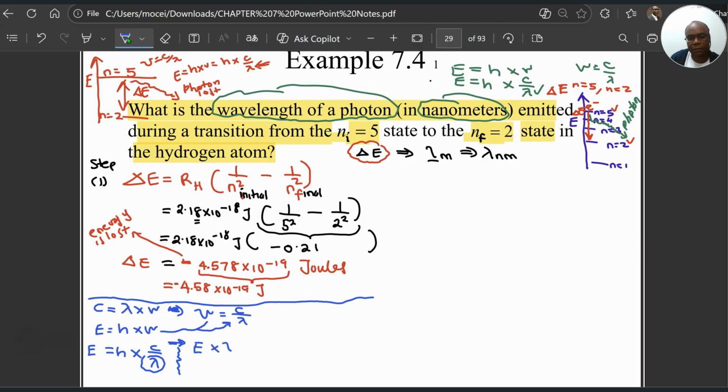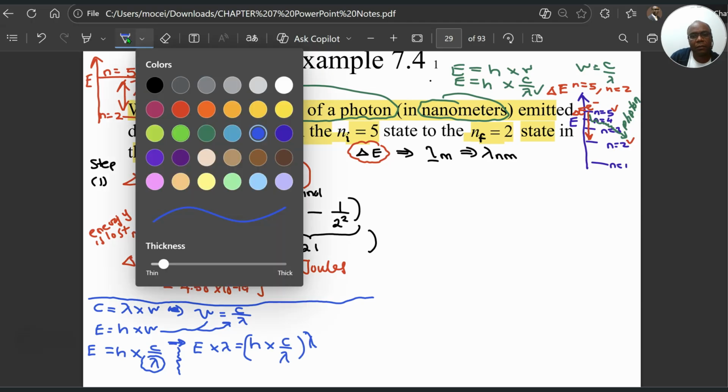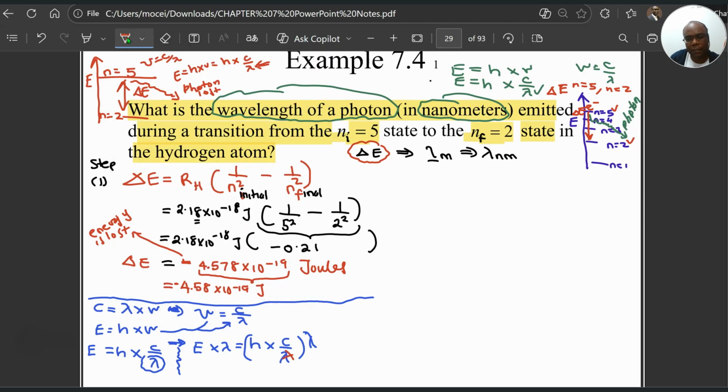So energy times wavelength must be equal to Planck's constant times speed of light over wavelength, which is also multiplied by our wavelength. Doing so, you will see that the wavelength and wavelength cancel, and on this side you will have energy. We could now say delta E times wavelength equals Planck's constant times c.